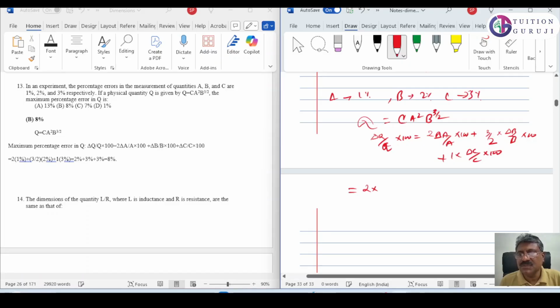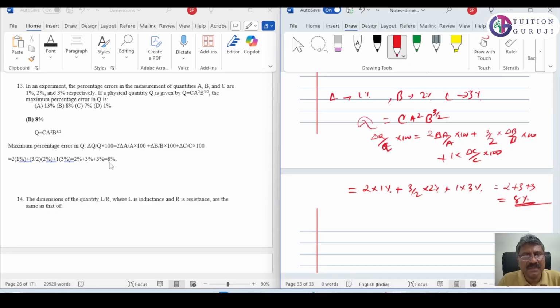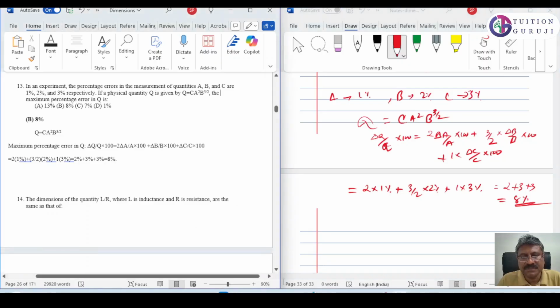Which implies 2 into 1% plus 3 by 2 into 2% plus 1 into 3%. So you will get 2 plus 3 plus 3, which is 8%. You can see the same here, you are getting 8%.